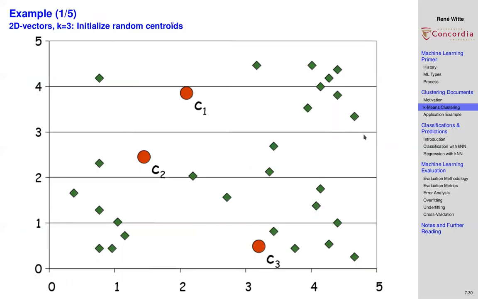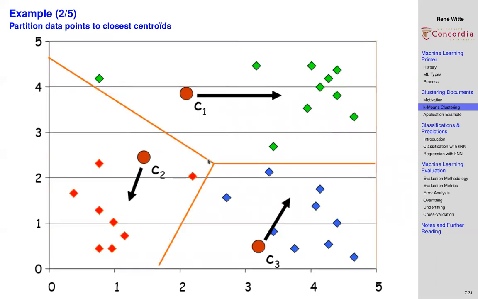So let's do this in a few iterations. Again, we have 2D vectors. We have now k equals 3, and we pick these points as the initial centroids. Now we compute the distance of each point to the 3 centroids and then assign them to one cluster each. So now you can see that the points here were assigned to this centroid, the points here to this one, and the blue ones to the third centroid.